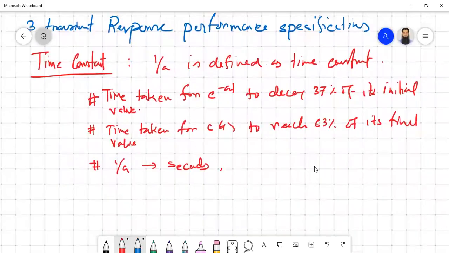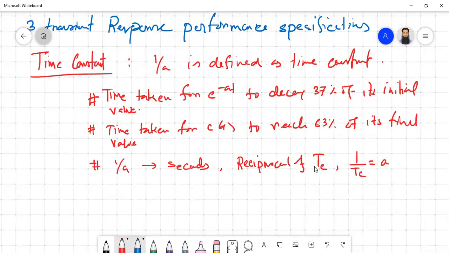If we take the reciprocal of 1 by a, that is a, what will be the unit? The reciprocal of the time constant, 1 by Tc, is basically a. The unit is 1 by second, or you can also call it hertz, isn't it? 1 by second is actually hertz, so frequency.